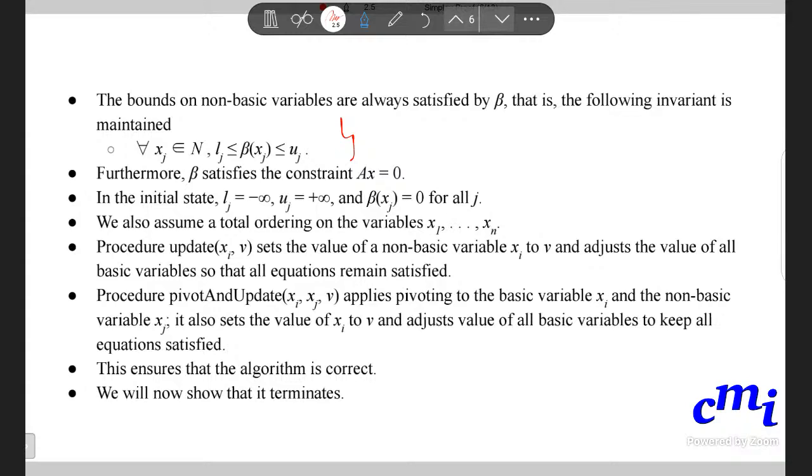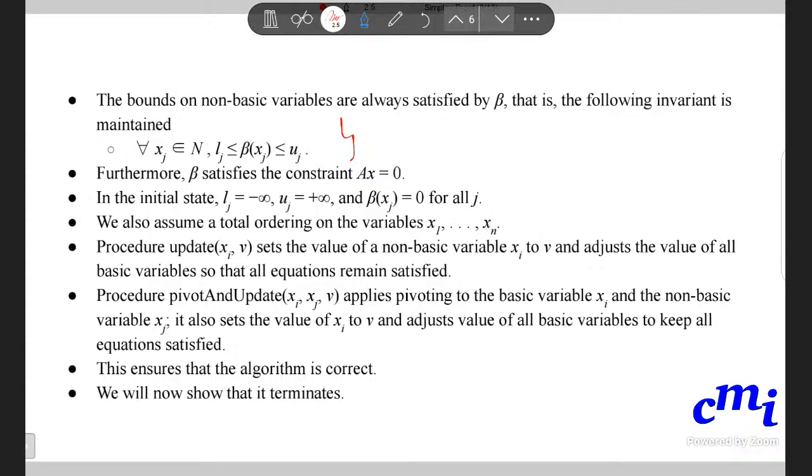But how about the initial state? In the initial state, the lj and uj are set to minus infinity and plus infinity, and beta xj is set to 0 for all non-basic variables. But in the initial state, if you set all of them to 0, the condition that you showed above can be violated.